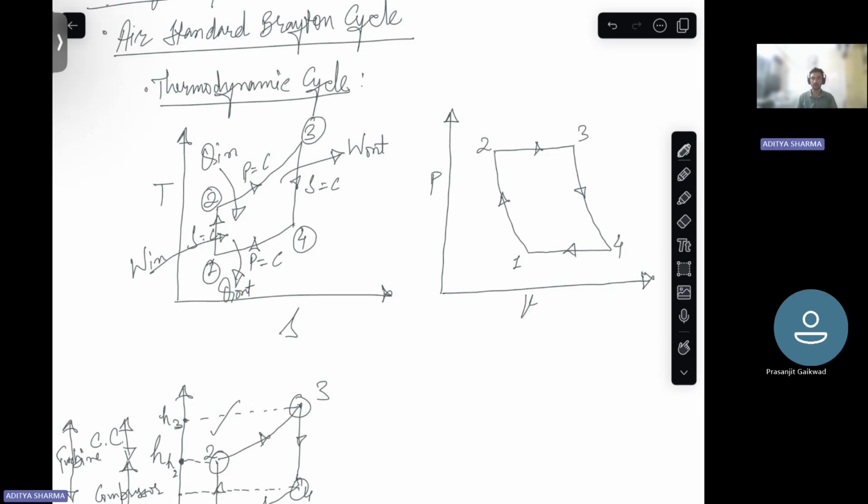Then with increase in temperature, what happens? You can clearly see, for point 3, the temperature is higher than 2, right? This is T3 and this is T2.